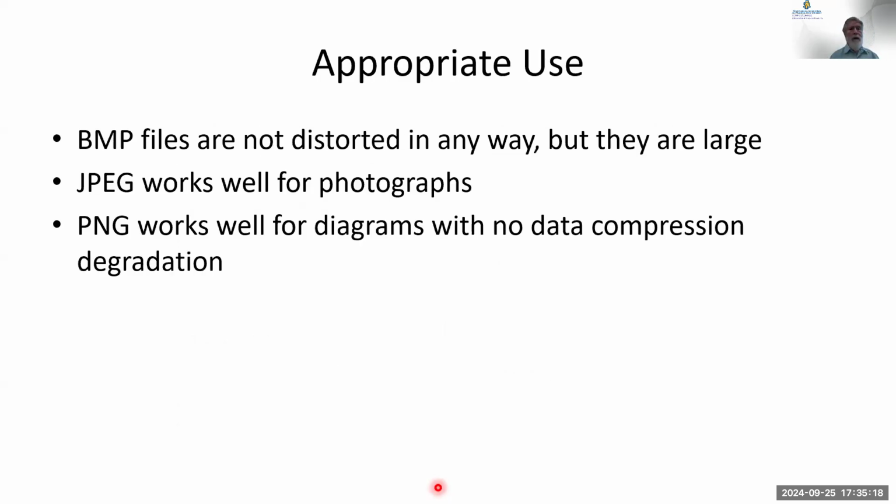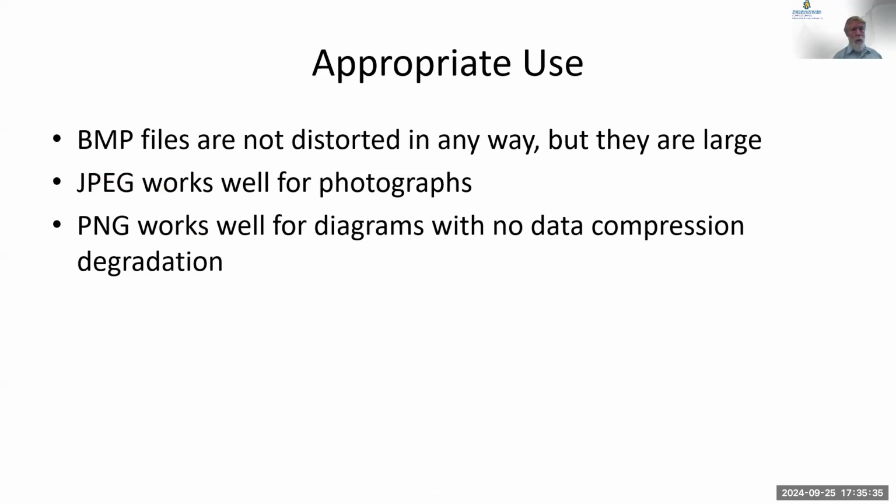JPEG works really well for pictures, for photographs. Joint Photographic Experts Group is what JPEG stands for. It works really well for photographs, because it takes photographs and compresses them nicely.